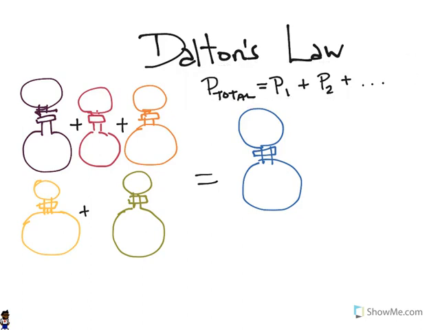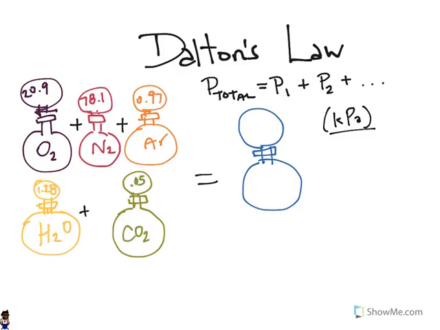So let's just say we had a sample of air, and the units that we're using are kilopascals. And these were the samples that we had. We had one sample of oxygen, and that had a partial pressure of 20.9. We had another sample of nitrogen, and that had a pressure of 78.1 kilopascals. We have argon, 0.97, the rest.